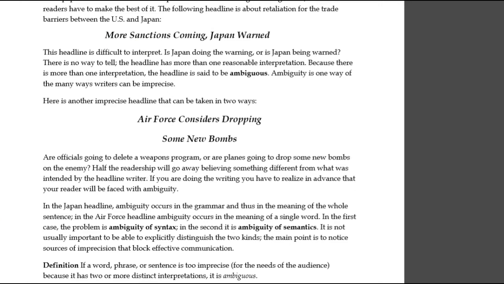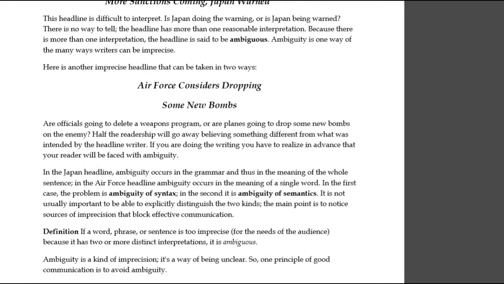And again, his example is a newspaper headline, and it's a little, you know, it's a little trite here. And it's a little almost silly. "Air Force considers dropping some new bombs." Yeah, so the problem here is what? Why is this ambiguous?